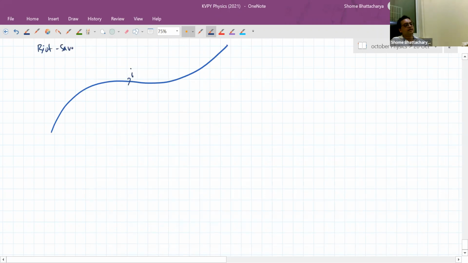The magnetic field is expressed in such a way that at any general point P, we can calculate the magnetic field due to any general current element.